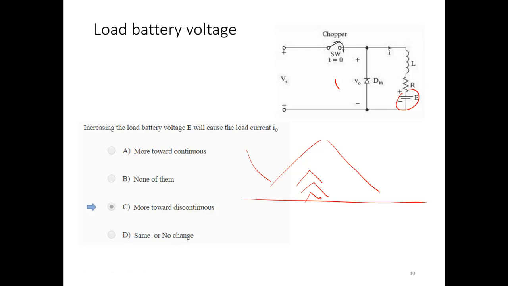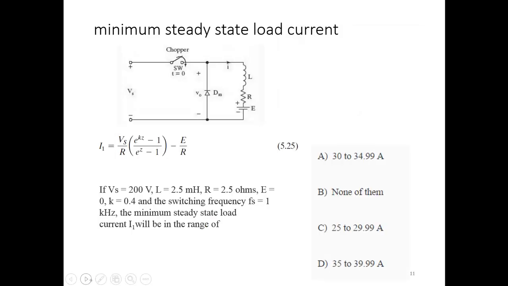This is zero, this is the load current, and it may be discontinuous. That's why increasing the battery will cause the load current to be more towards discontinuous.